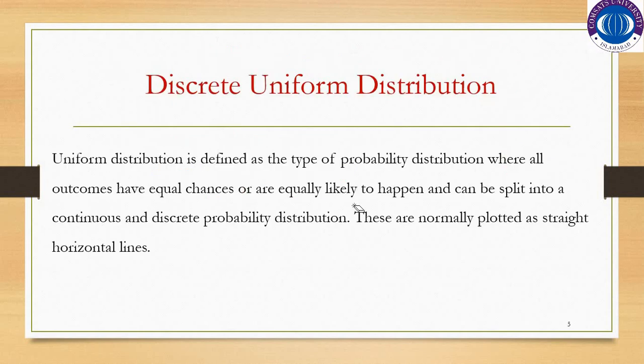So let me give you some introduction to the discrete uniform distribution. Uniform distribution is defined as the type of probability distribution where all outcomes have equal chances or are equally likely to happen, and it can be split into continuous and discrete probability distributions. These are normally plotted as horizontal lines.